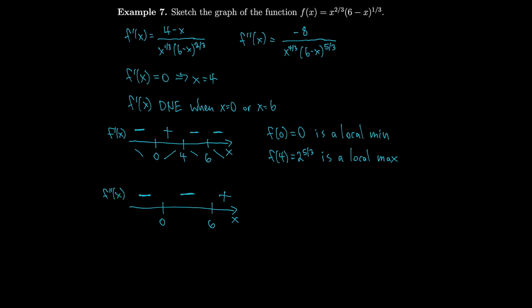So that means that we are concave down still, and concave up. So there's no inflection point at 0, which makes sense because 0 is a local minimum, but there is an inflection point at 6. So (6, 0) is an inflection point.